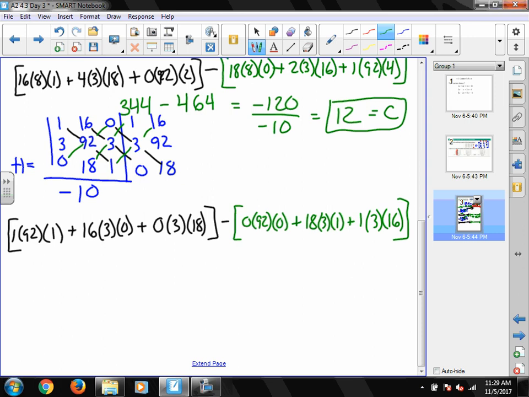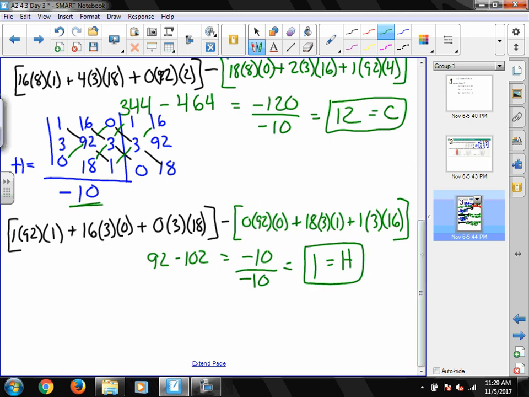From there, I get 92 minus 102 to give me a negative 10 over that negative 10 from down here. We're always dividing by that determinant. So I'm going to get 1 is what my hydrogen atom weighs. Is that atomic weight?